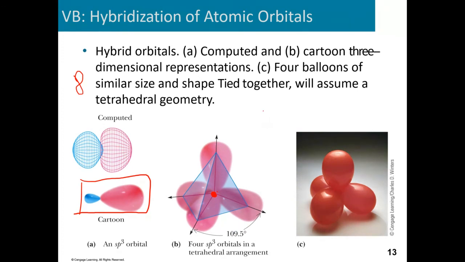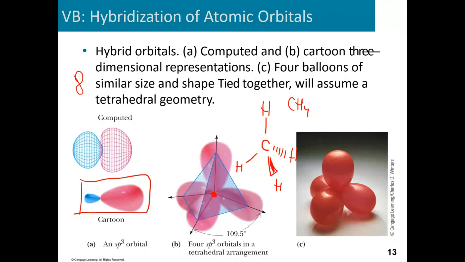So for example, in methane, where you have a CH4, you have a carbon. One hydrogen goes up, the other one goes in another direction, and then you have one that goes away and one that goes toward you.